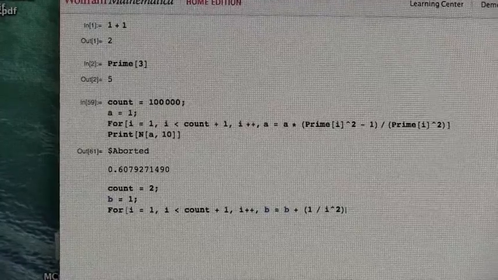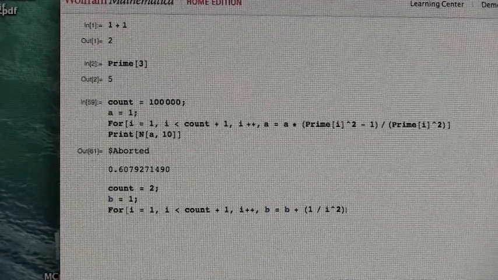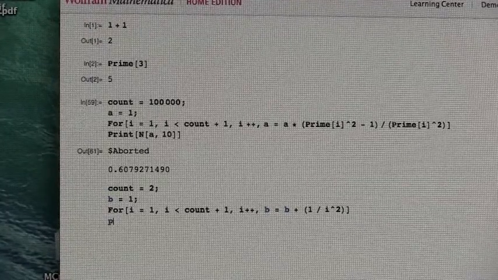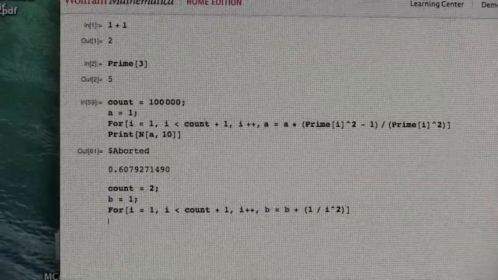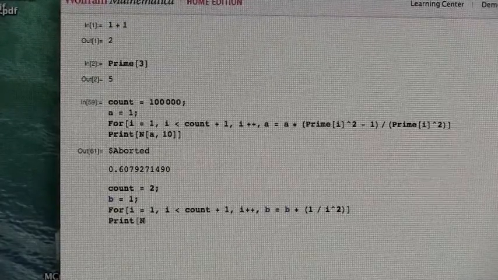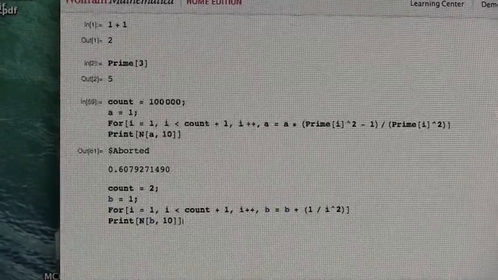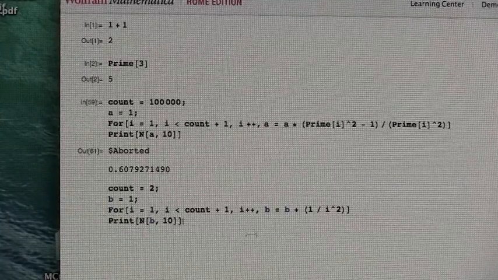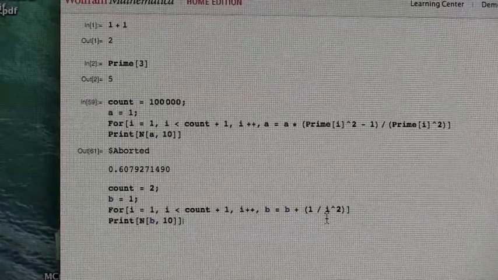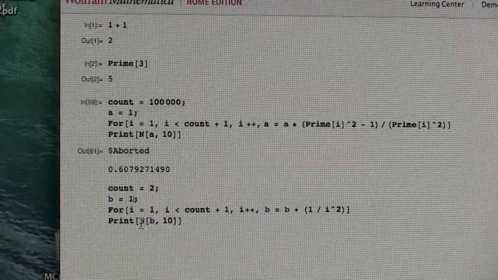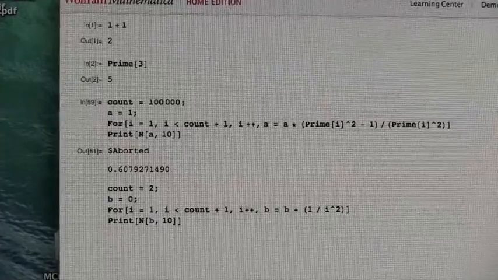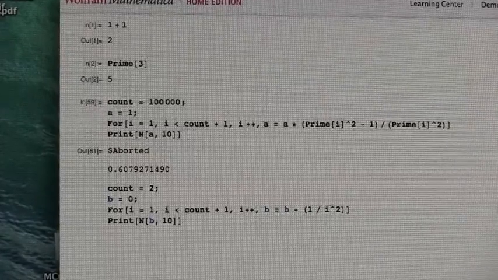Okay, actually now I got to be careful. Okay, so now I'm adding up the inverse squares. So I actually need to start at 0 here. So for the first one I'm adding just 1 over 1 squared.